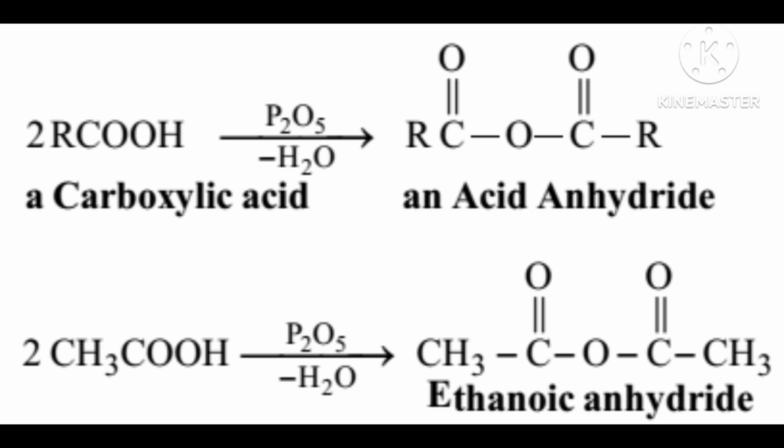Then H will go as H plus and O will be negative, because the electron will be taken by oxygen. Then this H plus and OH minus will form water, H2O. Correct? Now carbon has a positive charge and oxygen is negative because H went as H plus.